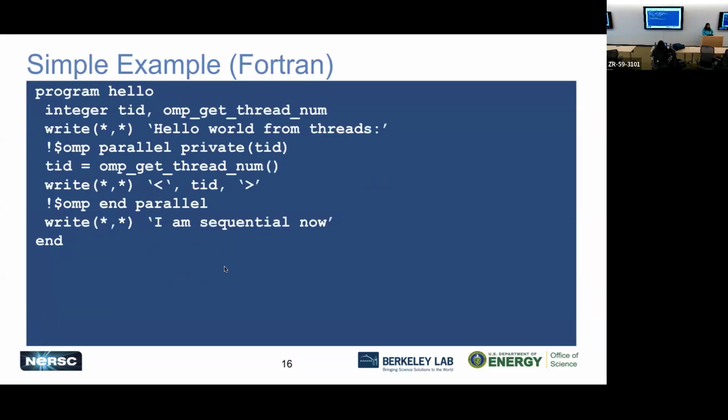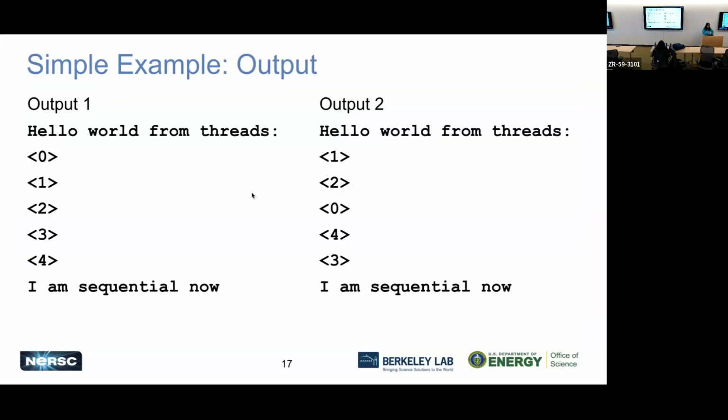If you run it, the Fortran example is very similar, with OMP parallel and then OMP end parallel. Again, each thread will get its omp_get_thread_num. When you run it, the first output would say hello world from threads 1 2 0 3 4. I'm sequential now. Run it again, and there's no predetermined ordering.